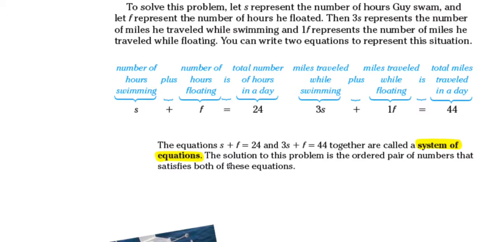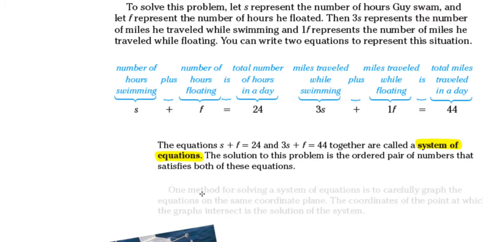The solution to this problem is the ordered pair of numbers that satisfies both of these equations. If you find an ordered pair for S and F that makes both equations true, then that is the solution for this particular system of equations.